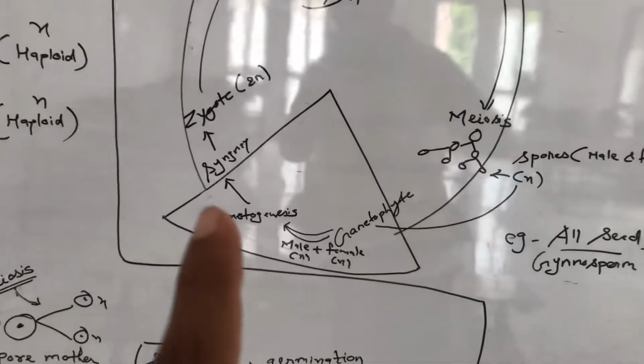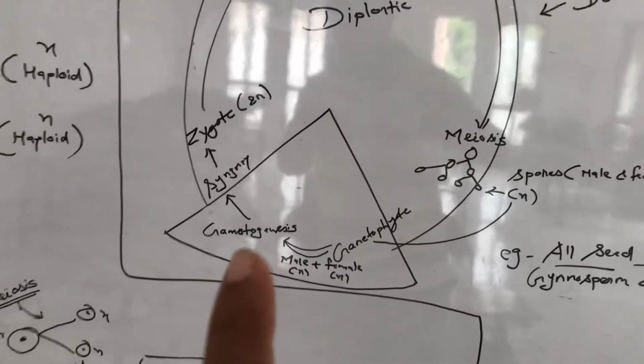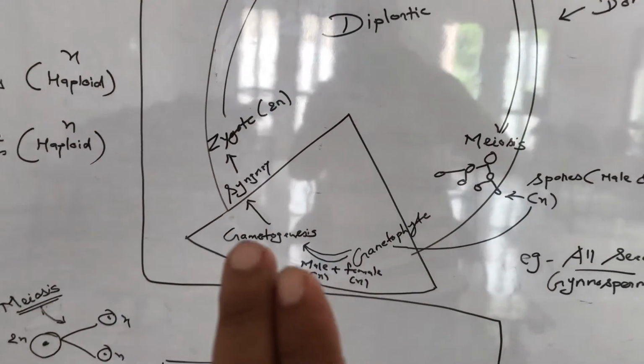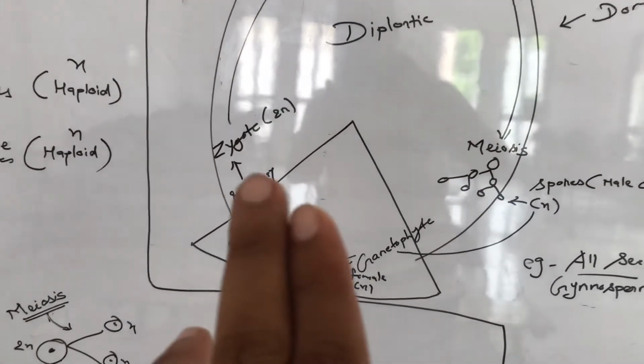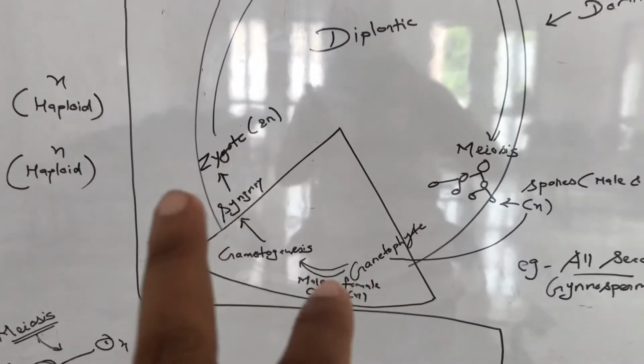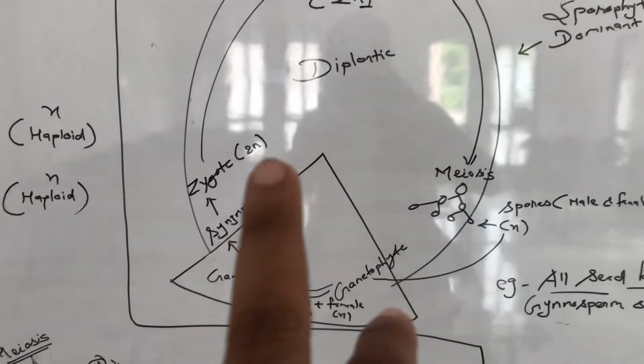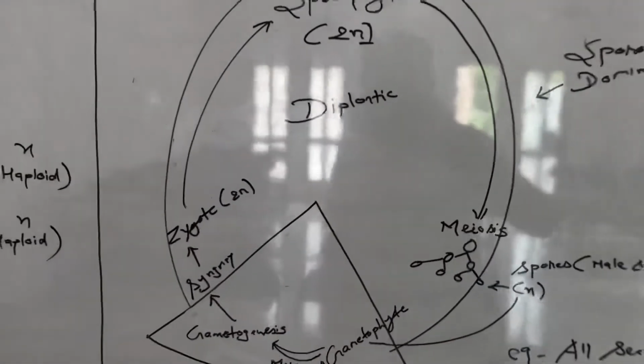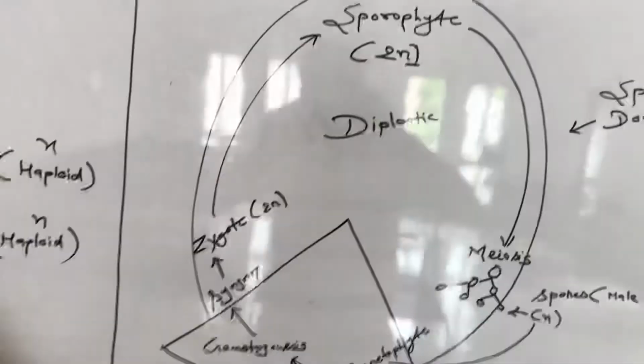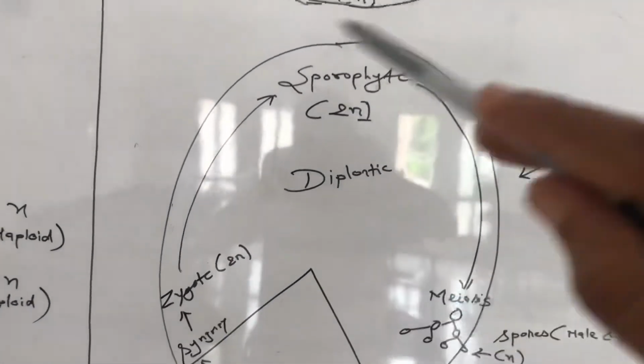From the gametophyte, there will be gametogenesis. Gametogenesis means the male and female gametes combine together through the syngamy process, and as a result of fertilization it forms a zygote, which will be 2N, that is diploid. So from the zygote, again the sporophyte will be there.